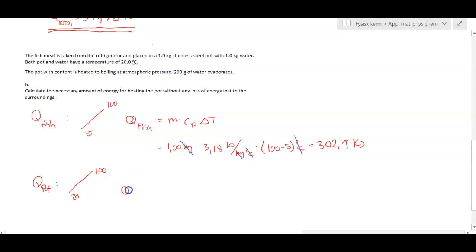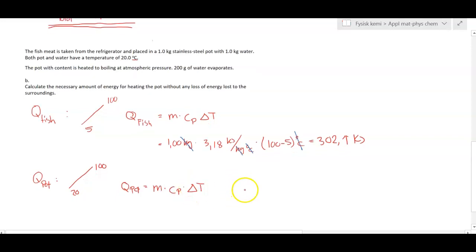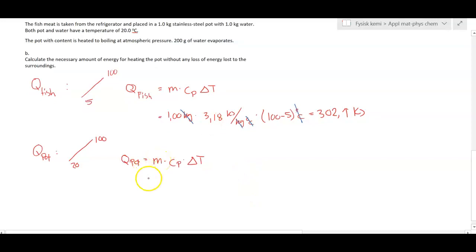So Q pot equals 1 kilo, because that was what the pot was weighing, times, maybe I should start with just the symbols here. Mass times Cp times delta T. And that equals, the mass was 1 kilo.